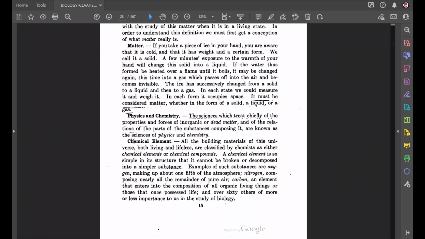All right? But the building blocks of material, of matter, are called chemical elements. Substances that cannot be broken down into simpler substances. The simplest substances are called chemical elements.